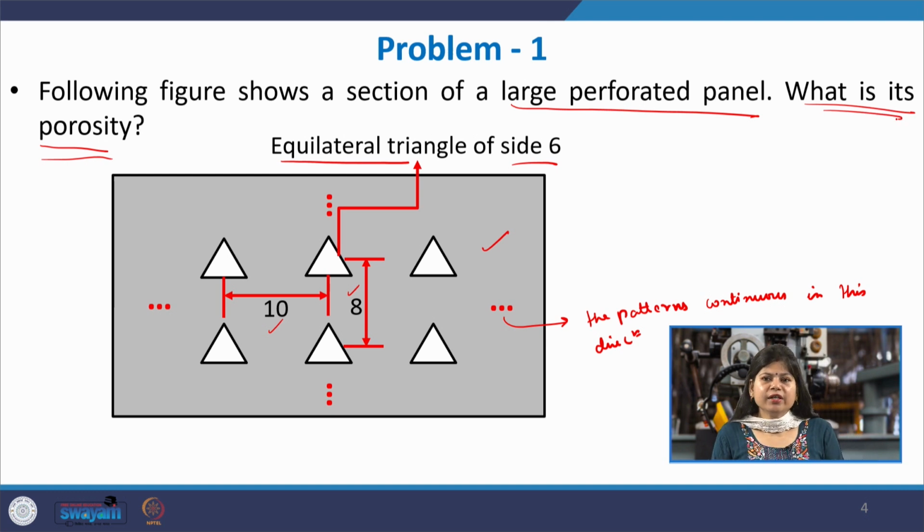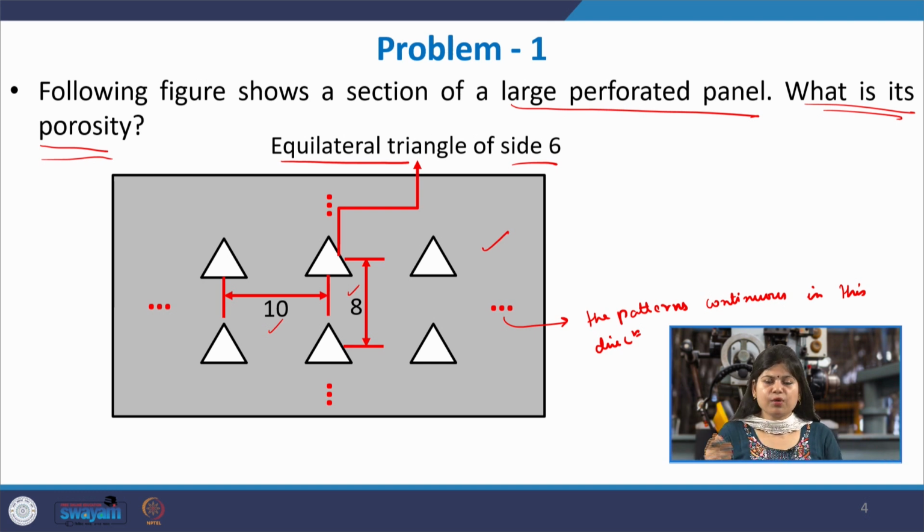When we calculate the porosity, it is the area of the holes divided by the total area of the panel. This can be boiled down to taking one primary repeating unit and finding the total area of the perforation within that unit divided by the total area of the unit. If you find the porosity for one unit, you can repeat it to get the full panel.